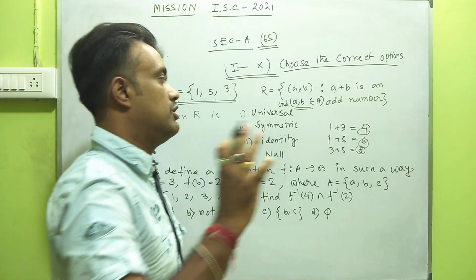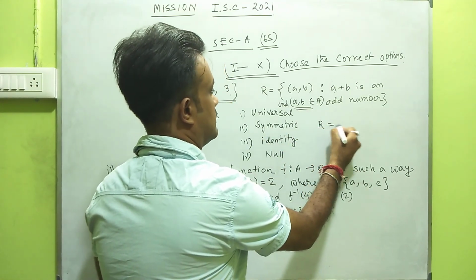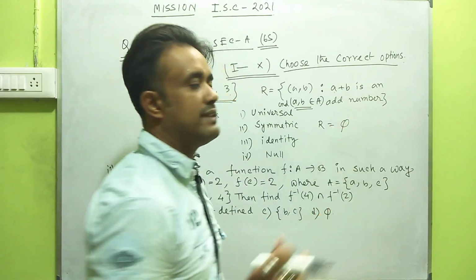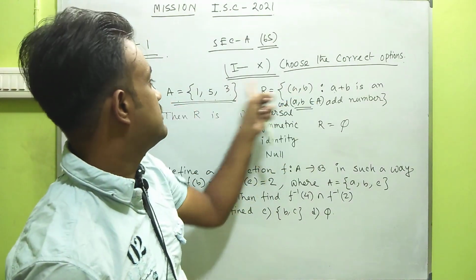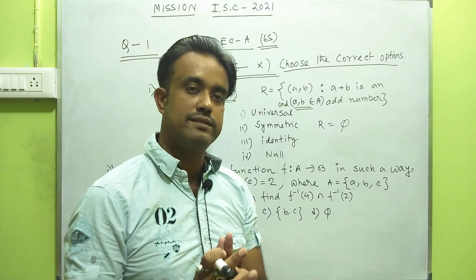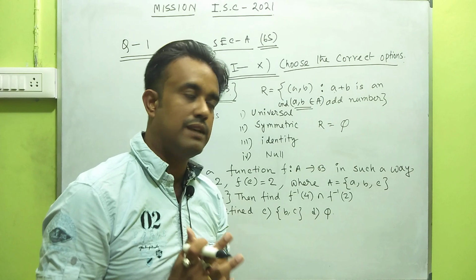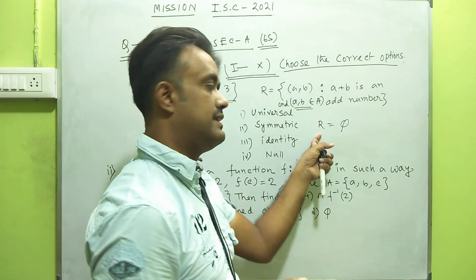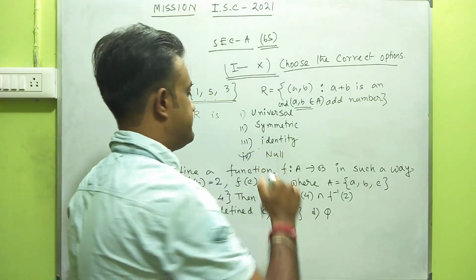So R will contain no element, that is, R is a null relation, since a and b come from A, which has only odd numbers, and the sum of two odd numbers always gives an even number. So the option will be null.